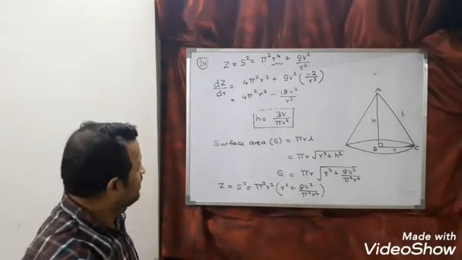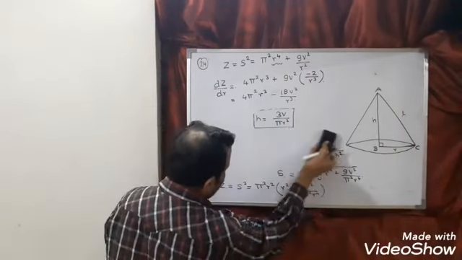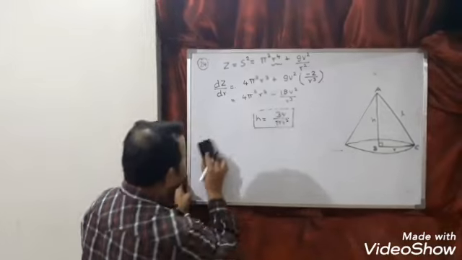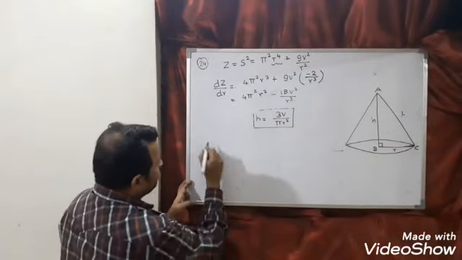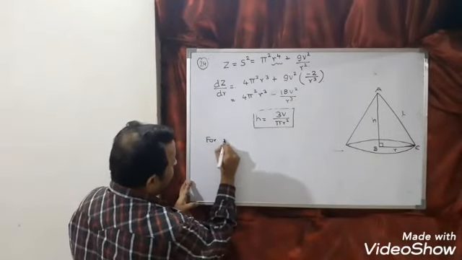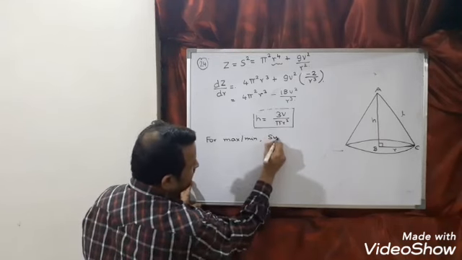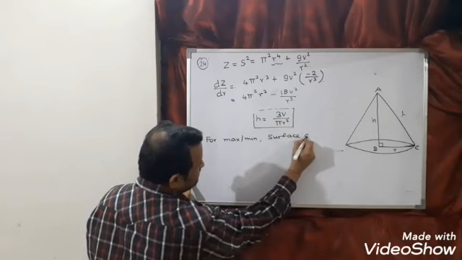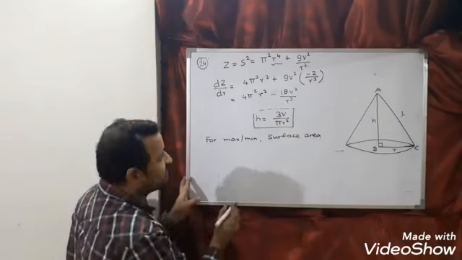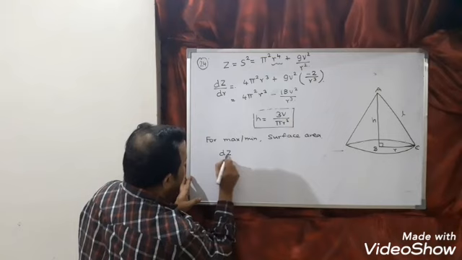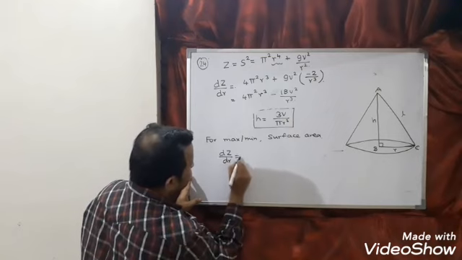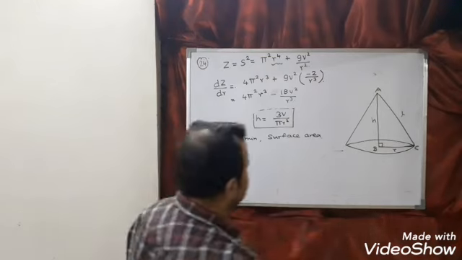Right? Next. Now for maximum or minimum surface area, what is the condition? Here dz by dr is equal to 0.